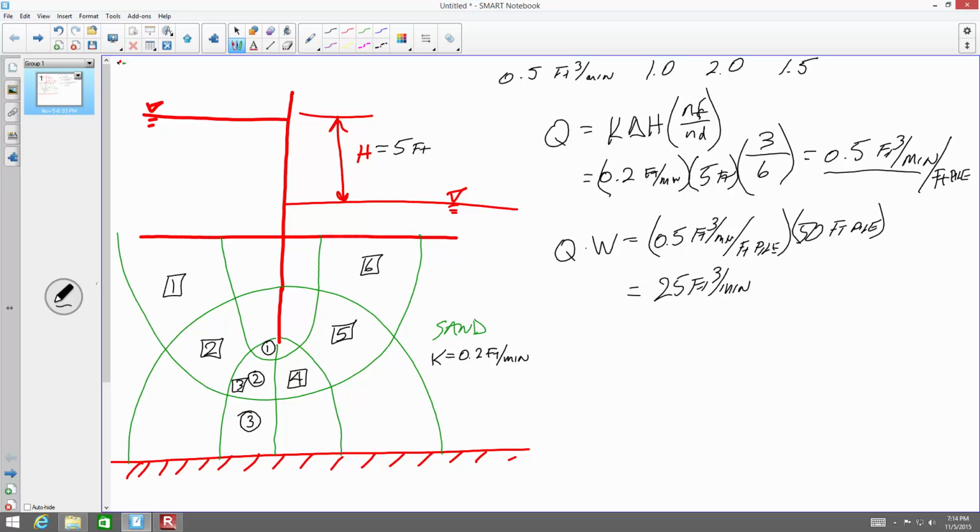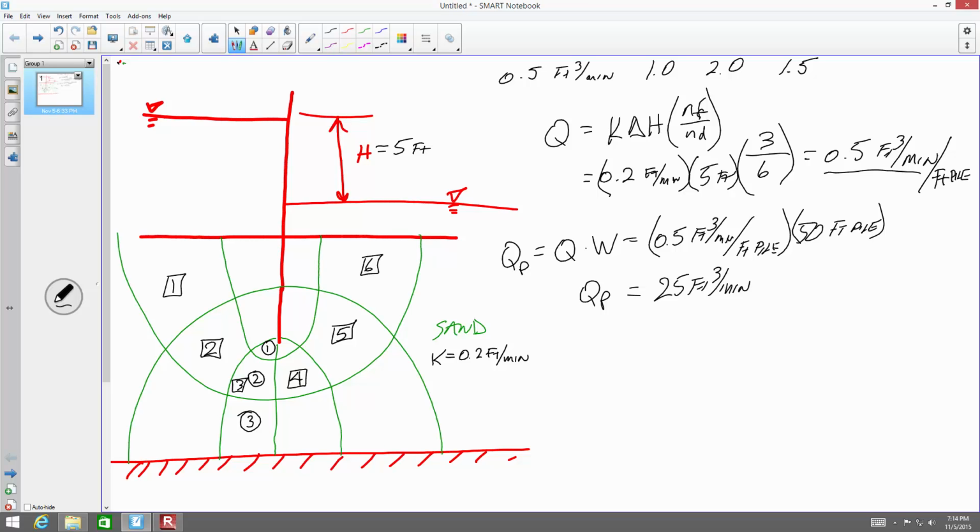That's the Q of the pump. So that pump has got to pump 25 cubic feet per minute to draw that down that 5 feet. Real practical problem for the real world. How big a pump do you need to get that flow out of there? If the Q goes up by 2, the pump's got to be twice as big, right?